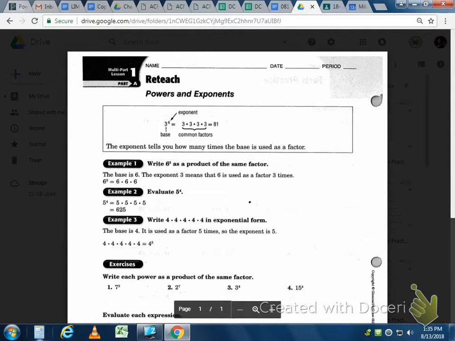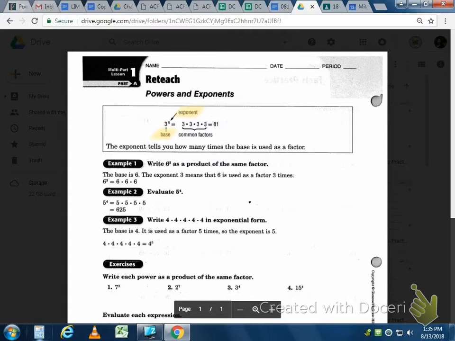1.1a, Powers and Exponents. So we are talking about taking a number known as a base to a particular power, which is an exponent. There are some very important words in the box: the base and the exponent. 3 is the base because that's the number that's taken to the power.